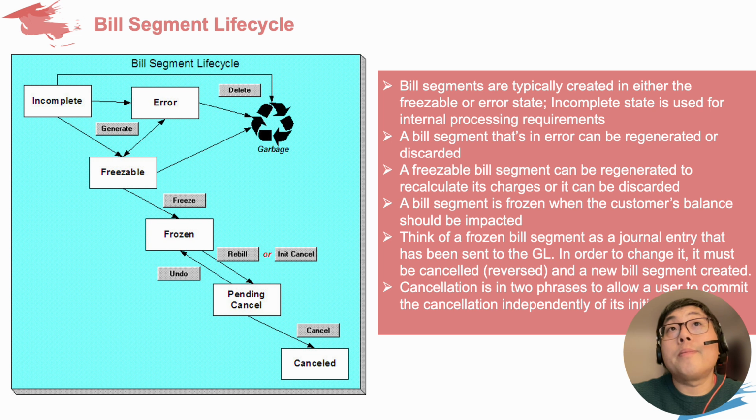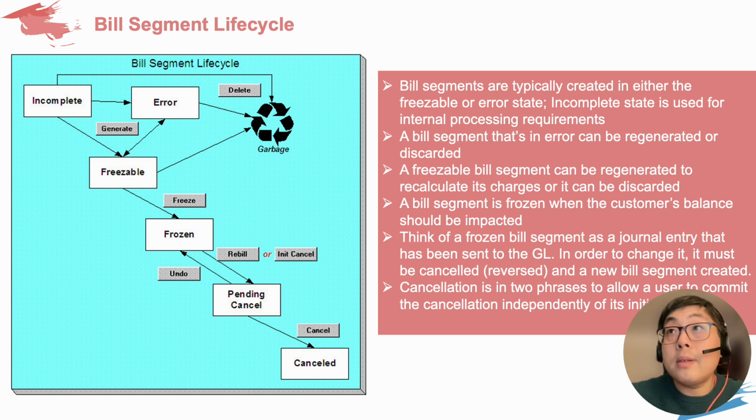Similarly, a bill segment is frozen when the customer balance should be impacted. Okay, so when a bill segment is frozen, that means the financial transaction is frozen. When the financial transaction is frozen, remember what we said last time, the age of debt is starting to count.